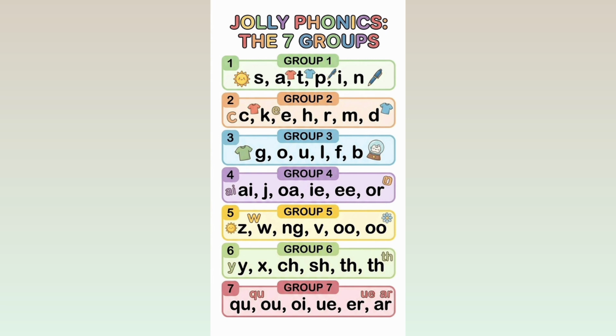Group 1 has 6 sounds. When you are teaching group 1, focus on just one letter sound in one day. Six letter sounds will take you a minimum of 6 days to teach children only group 1.